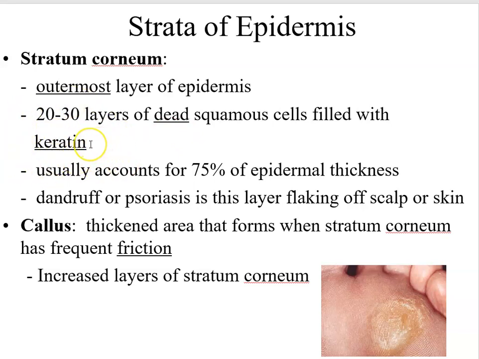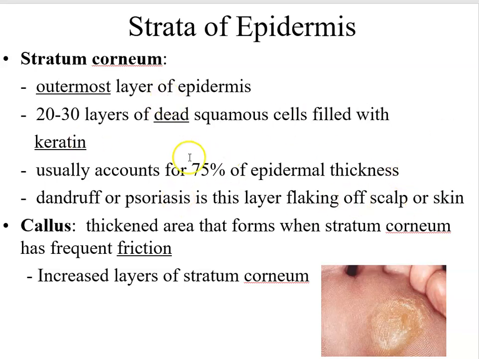You may have heard of this word keratin because it's often found in products that treat the integumentary system, like skin care, hair care, nail care products. It's the protein in all of these areas that gives strength and toughness to the cells. Some have more than others, like the nails have more keratin in them than the skin.